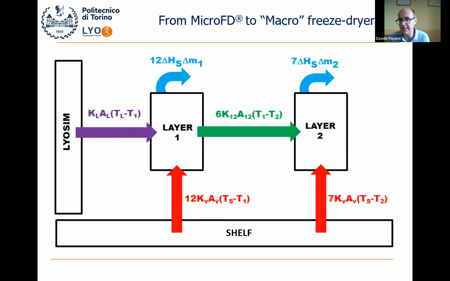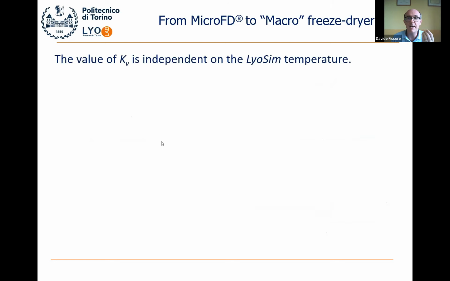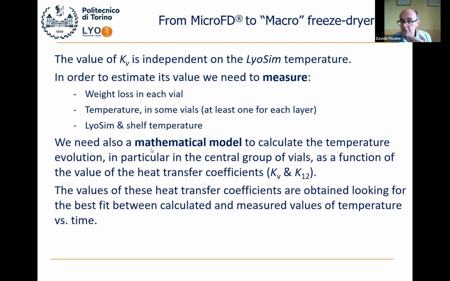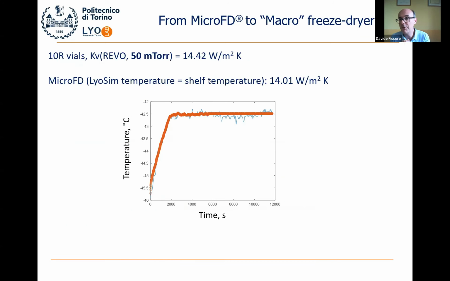Here it is exactly the same. Here we measure the temperature in the vial. We have a mathematical model used to calculate the temperature, and the software looks for the best value of KV and K12 in order to get this best fit.